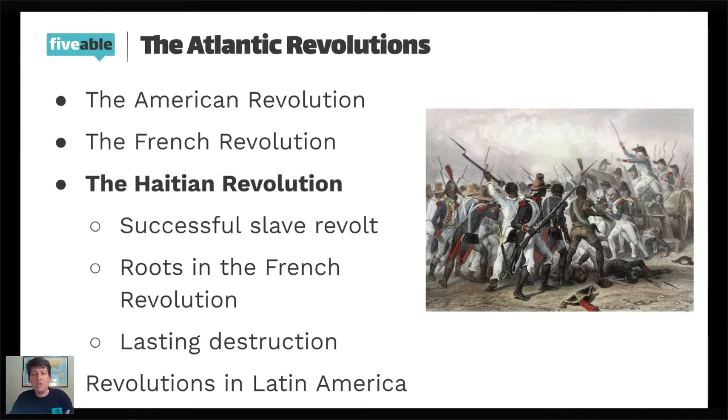And in 1802, Napoleon sends a large army back to Haiti to not only reconquer the island, but to re-enslave Haitians there. But again, under the leadership of Toussaint, the Haitians take up arms and they fight. Toussaint is eventually captured, taken to France, put in prison where he dies. And the struggle continued for about 2 more years in Haiti before they finally defeated the French in 1803.